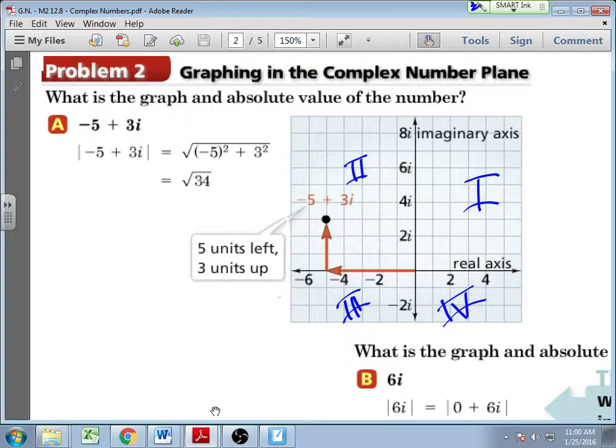Then we go negative, positive, then negative, negative, and then positive, negative. It's the x, y values.